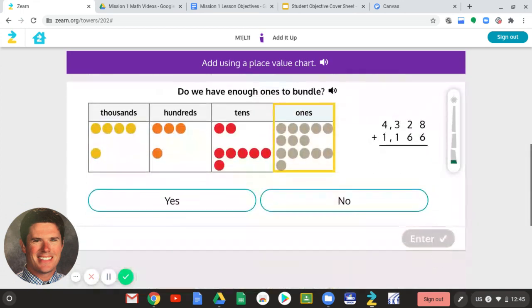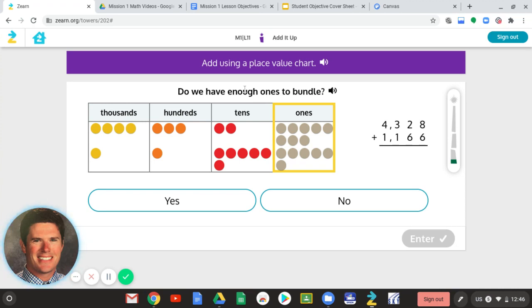Nice. All right. Now it's asking us, do we have enough ones to bundle? How many do we need to have to be able to bundle and move up one place value? If we think back, we need to have 10 in any place value to bundle them and move them up.